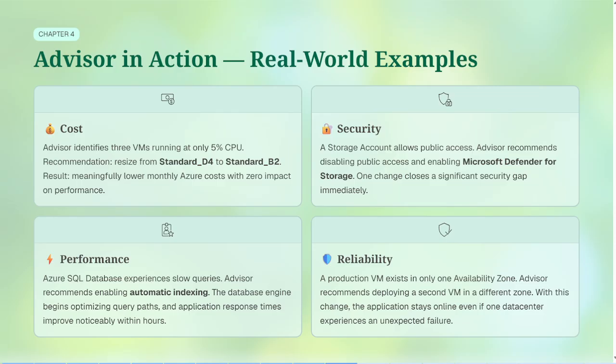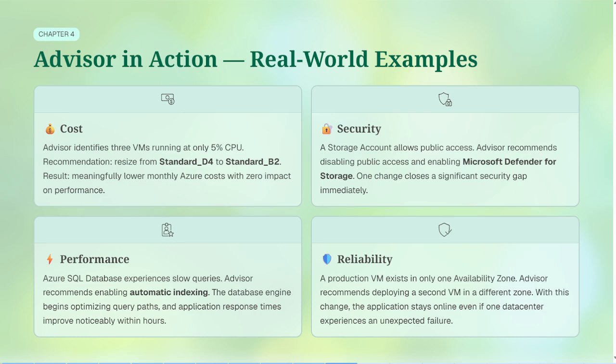Now let's look at real world examples of how Azure Advisor helps organizations improve their Azure environments. Cost optimization, reducing Azure spending. Imagine a company is running several virtual machines for an application. Azure Advisor analyzes the usage patterns and discovers 3 virtual machines are running with only 5% CPU utilization.